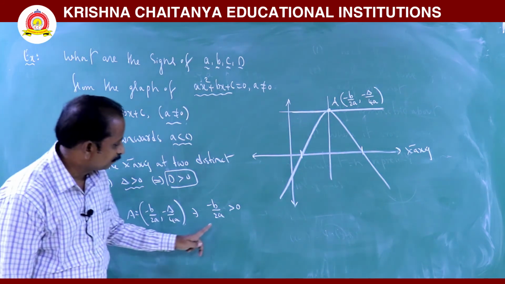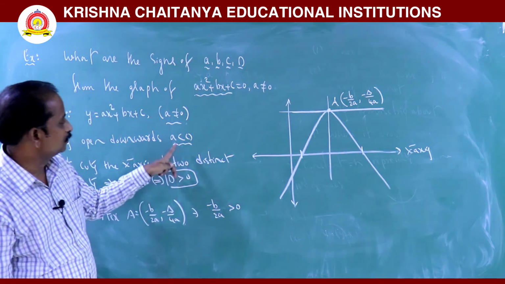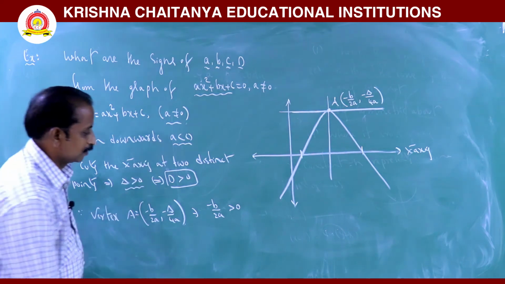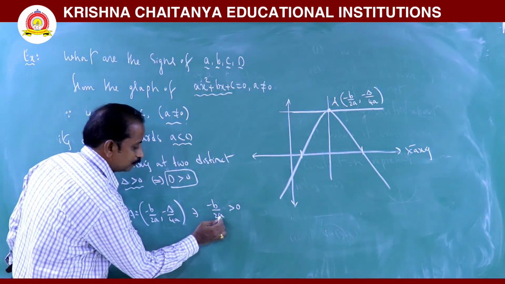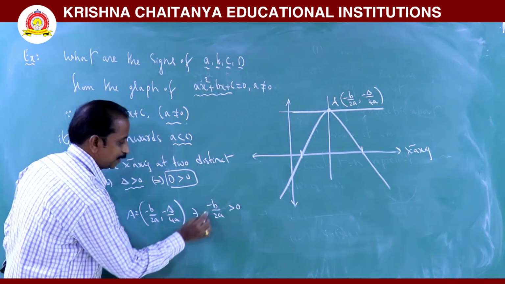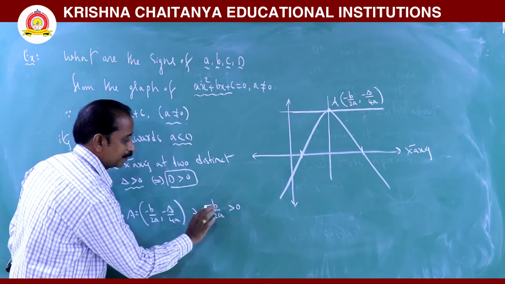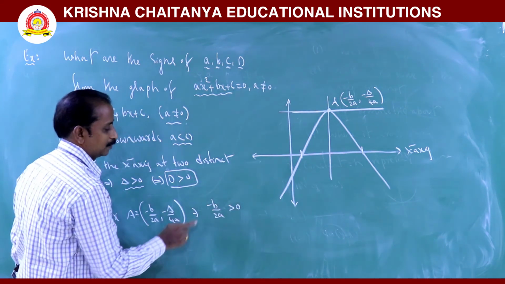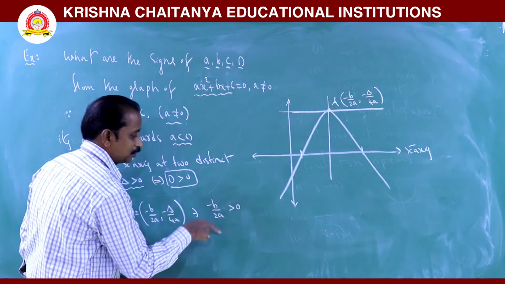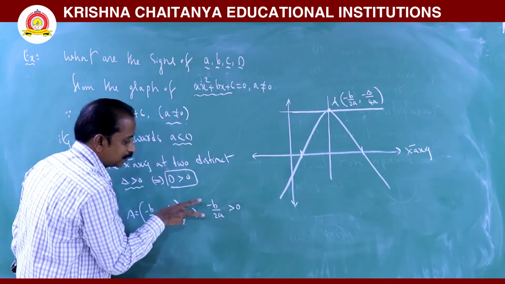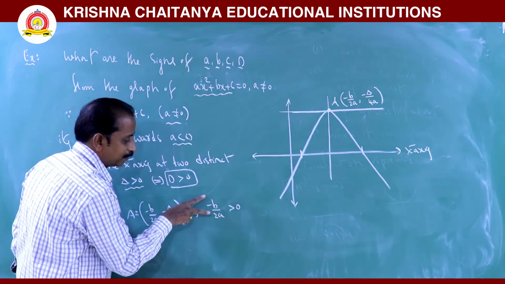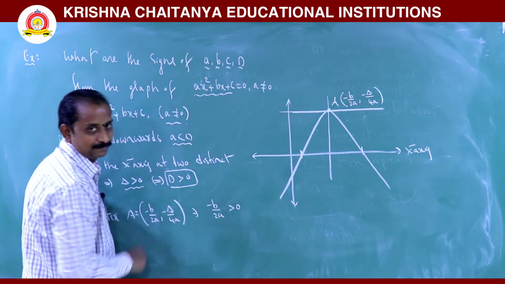Just a simple observation. What is our conclusion? a is negative, so 2a is negative. But minus b by 2a becomes positive. When a ratio is positive, its numerator and denominator have the same sign.